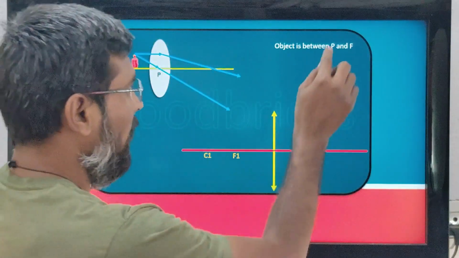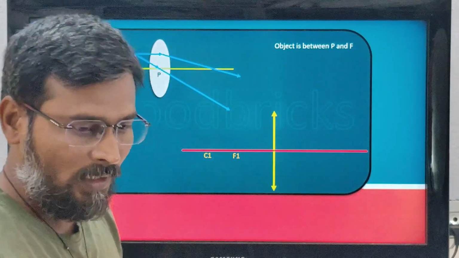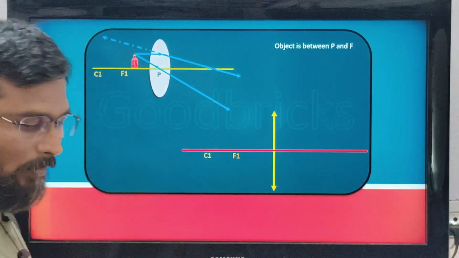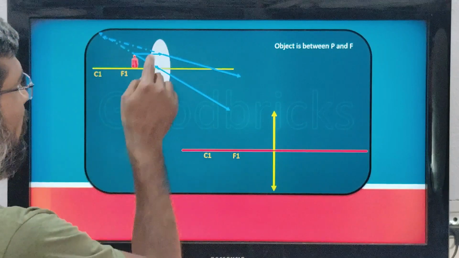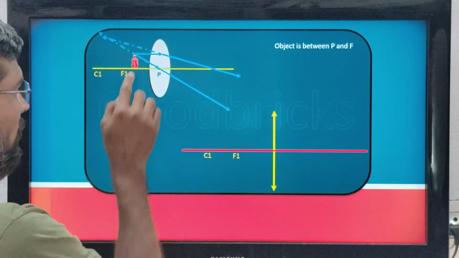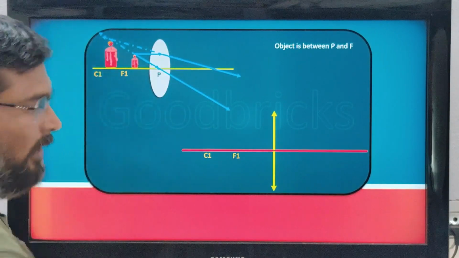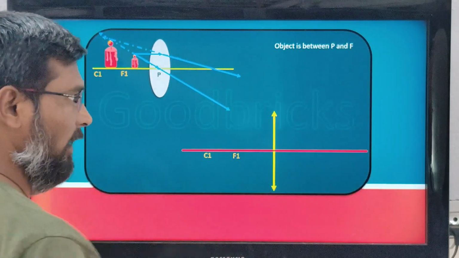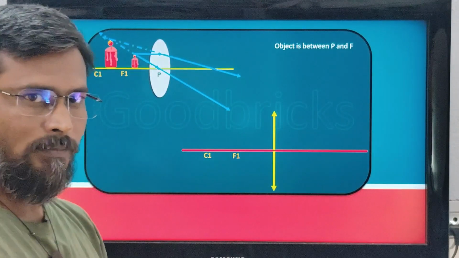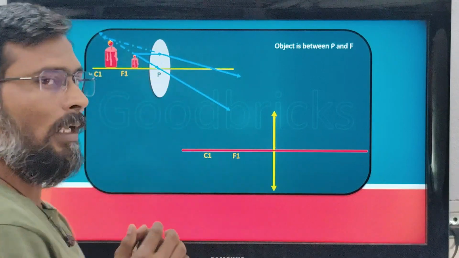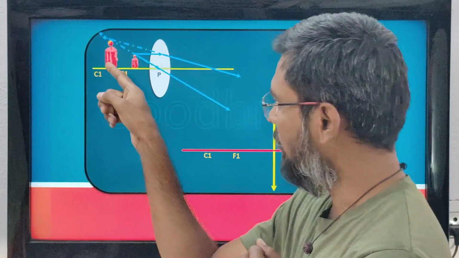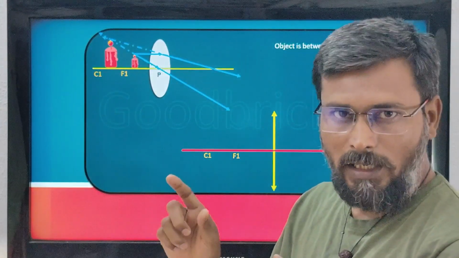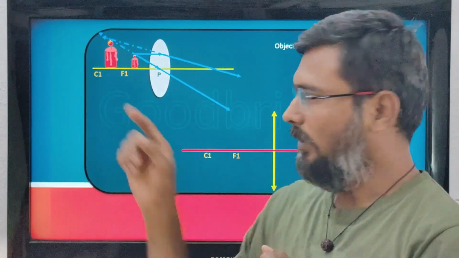In this case, when the object is in between P and F, a virtual image will be formed here in case of a convex lens, where this is the object and this is the image of this object when the object is between P and F, and this is the ray diagram. And the characteristics of this image: it is erect, enlarged, and virtual, because it is not forming on the screen.